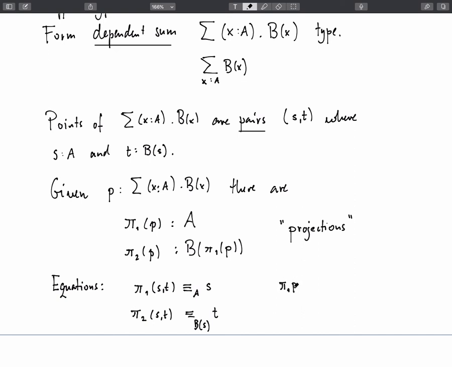By the way, I will not be very religious about writing down parentheses. Okay, so I may start skipping parentheses. What is the first projection? I take the first projection of P, I take the second projection of P, and then I put them together, what do you expect will happen? Will I get back the same P? Well, yeah, that would be good. Okay, so where is this happening? This is happening in sigma x:A, B of x, at P.